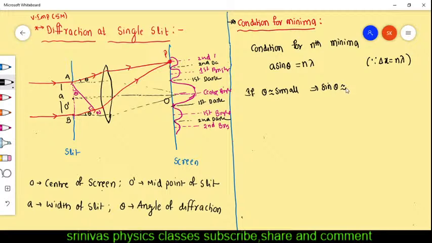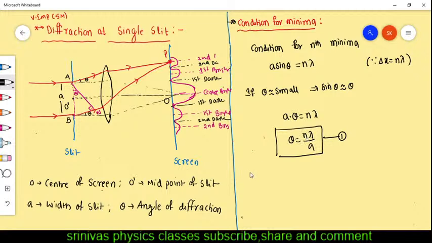Then we get a theta equal to n lambda, so theta is equal to n lambda by a. This is equation 1.